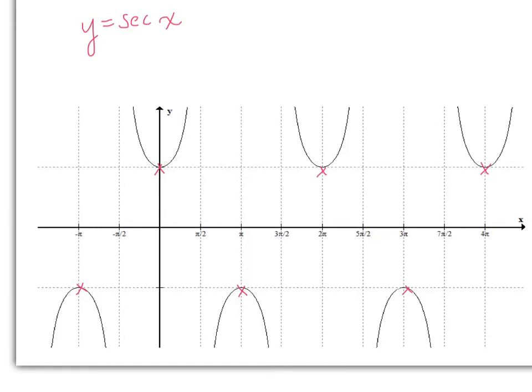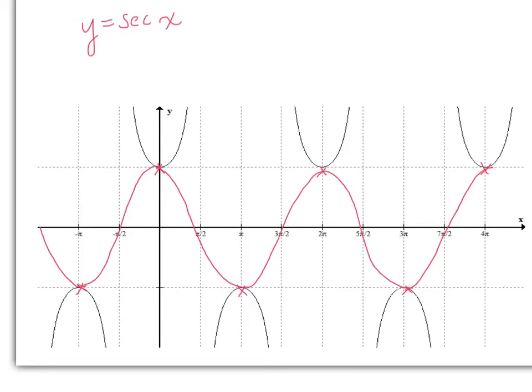But if you take a look at where these points intersect, what you will see is that you can connect them with a cosine graph.